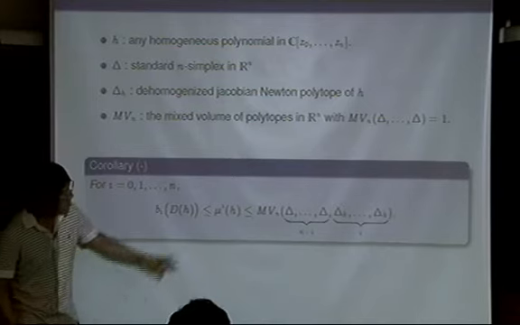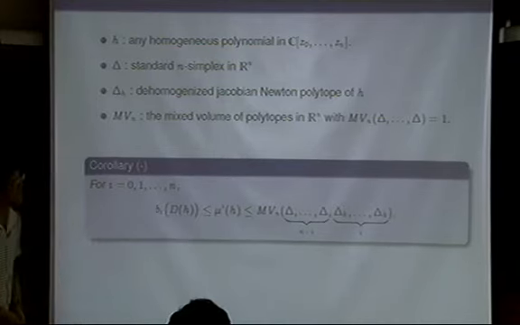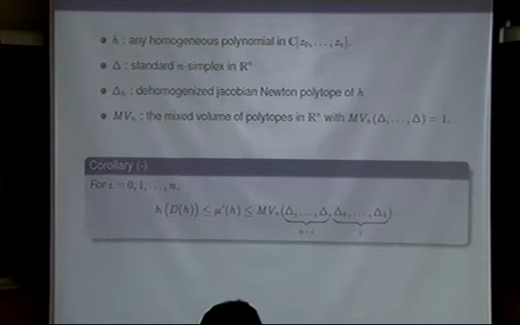And the second claim is that mu_i of h is always smaller than the mixed volume of the standard simplex and the Newton polytope of h. So this theorem says that if your original homogeneous polynomial h has few terms, or it has a small Newton polytope, then your Betti numbers cannot be large.